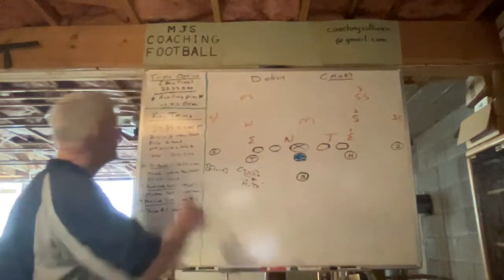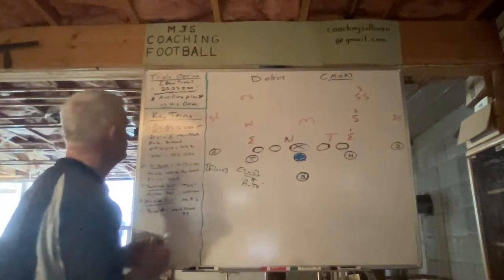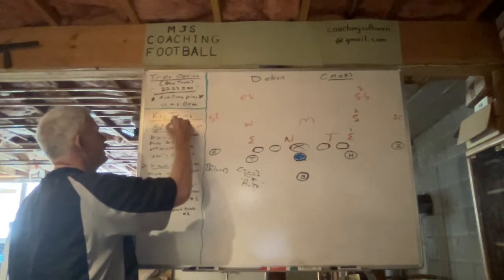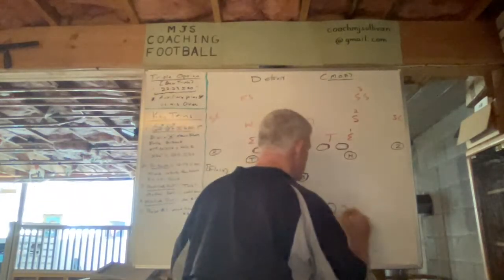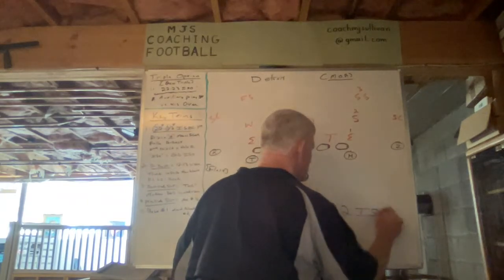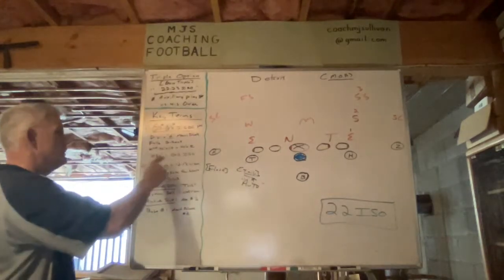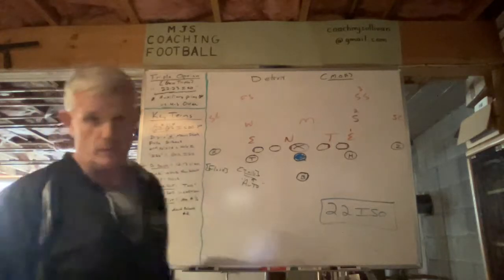It's a fake to the B back. The second digit is the hole number. Today, the diagram will be a 22 ISO, and I'm going to show it to you going to our right. And then the ISO is equivalent to a quarterback ISO.